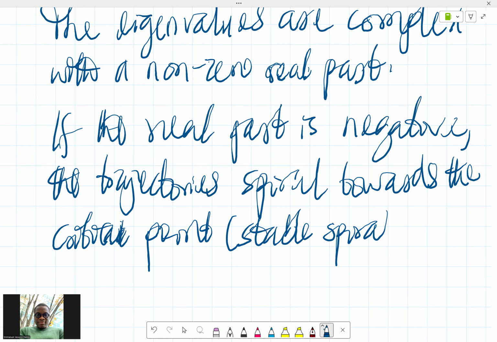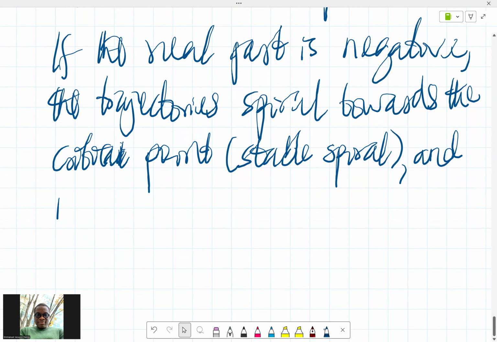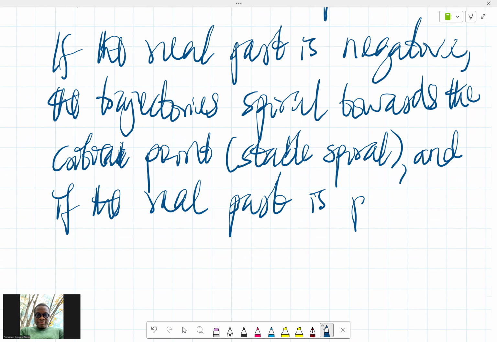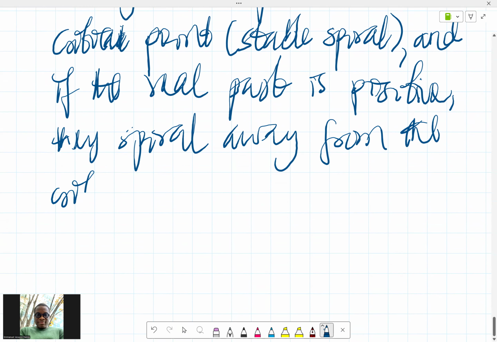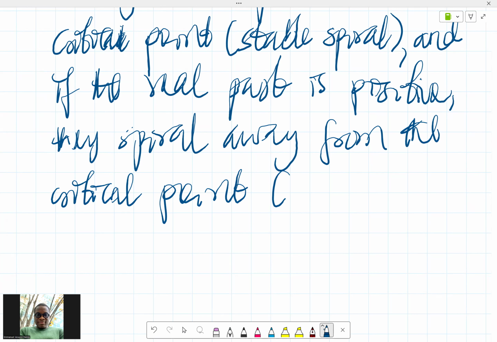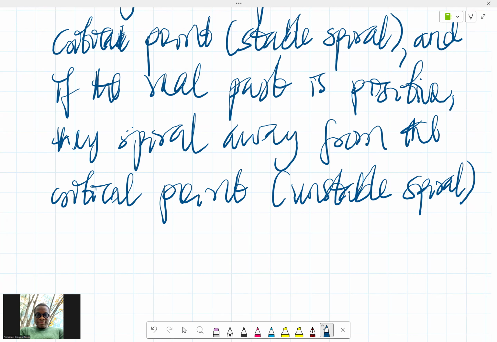And if the real part is positive, the trajectories spiral away from the critical point. And that is called the unstable spiral.